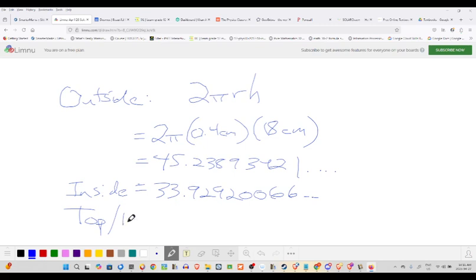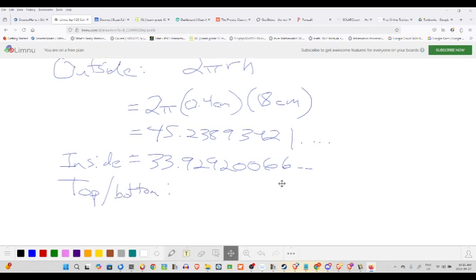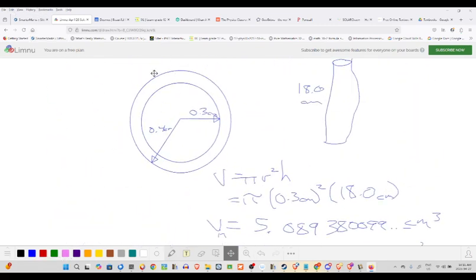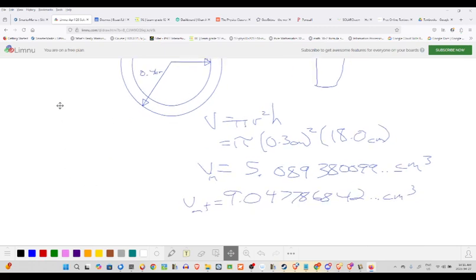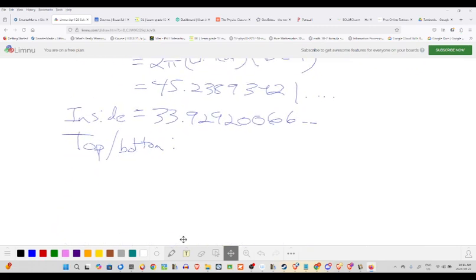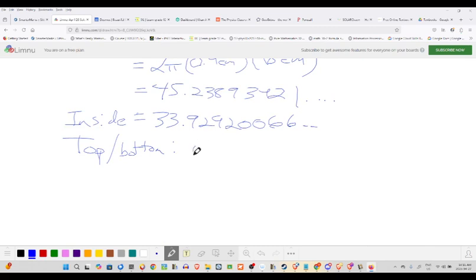The top and bottom. So we have what we call two annular rings. Coming back up here, there's one circle with a smaller circle removed. So each of them is the area of the outer circle minus the area of the inner circle. We cannot take 0.4 minus 0.3 and then square it.